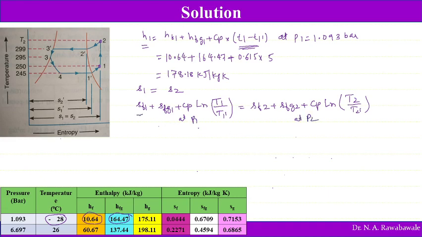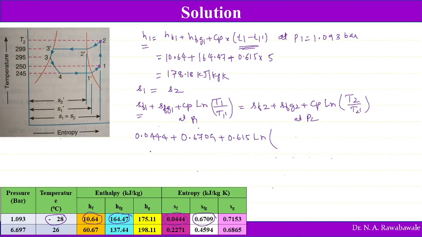So we know SF1 from the steam table. At pressure P1, SF1 is 0.0444, plus SFG is 0.6709 from the steam table, plus CP is 0.615 natural log of temperature 1 divided by temperature 1 dash.